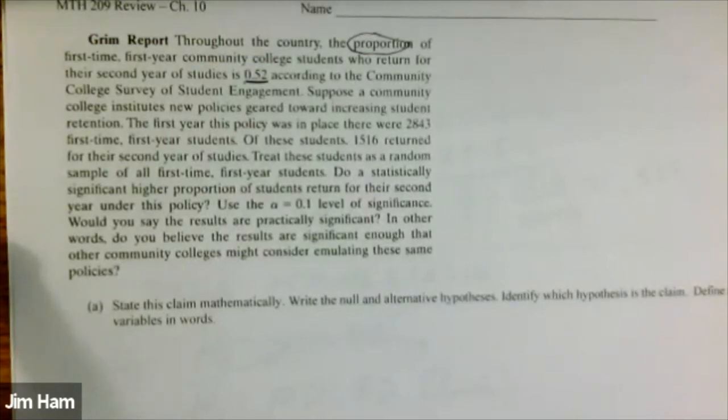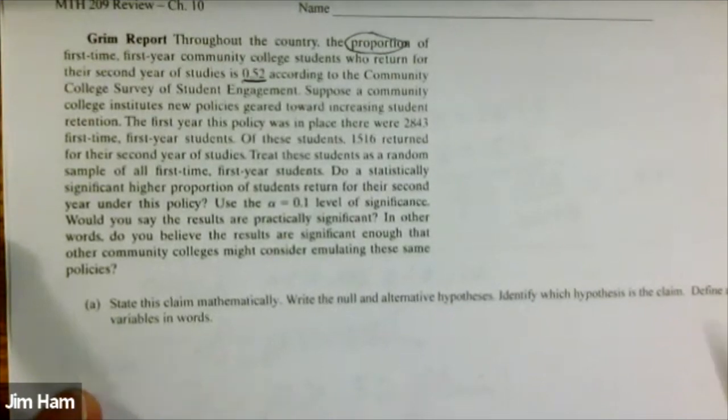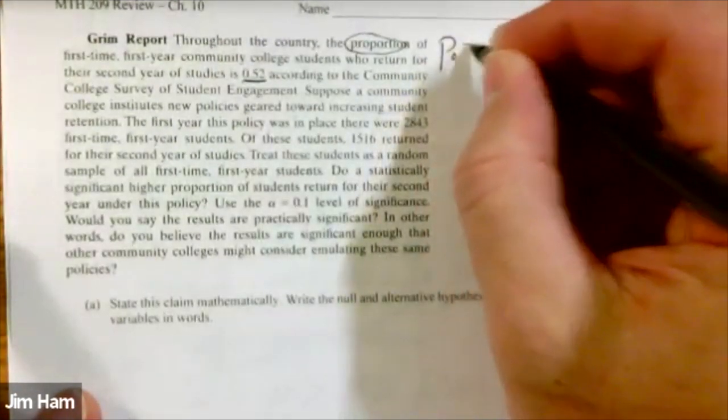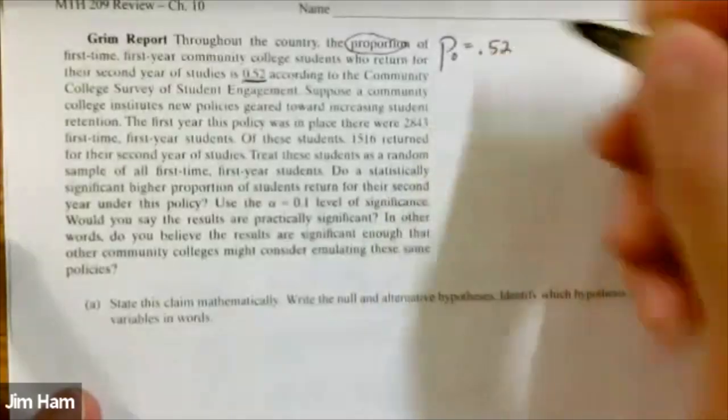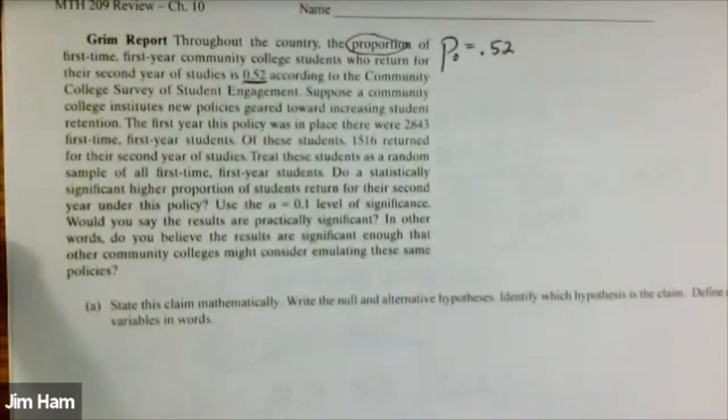The other 48% will either drop out or go to a 4-year college or do something else. But this number, the 0.52, that's our P0. This is something that we know.